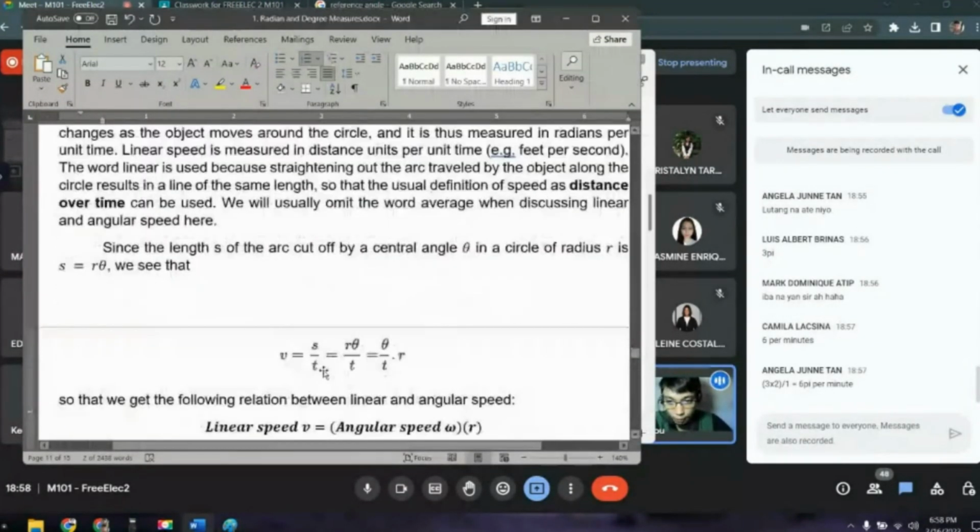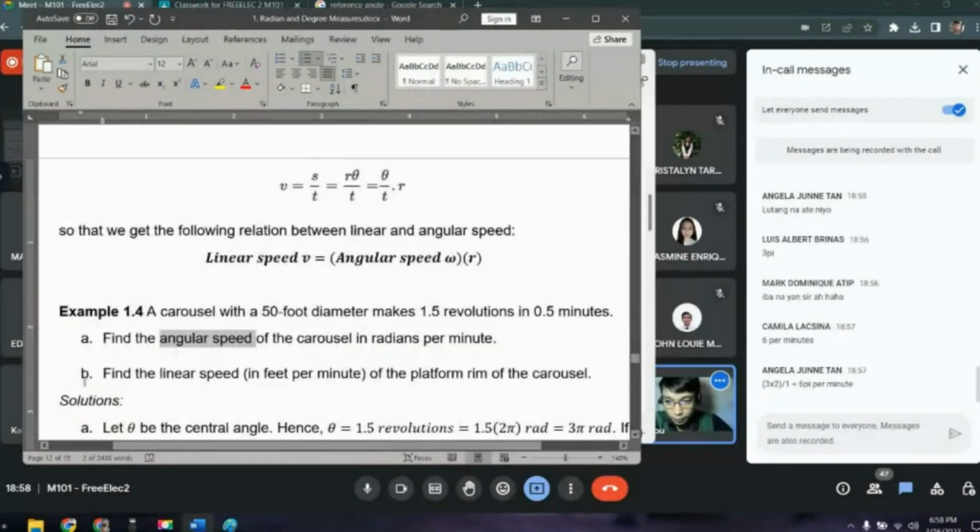Next. Second problem. Find the linear speed in feet per minute of the platform rim of the carousel. Now, we can already use the relationship between the two.